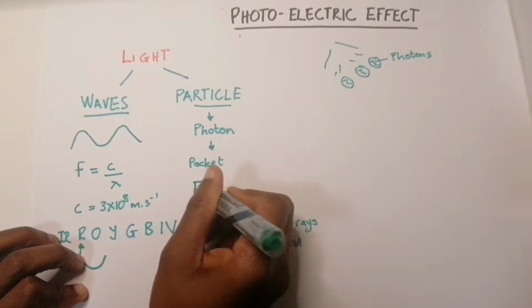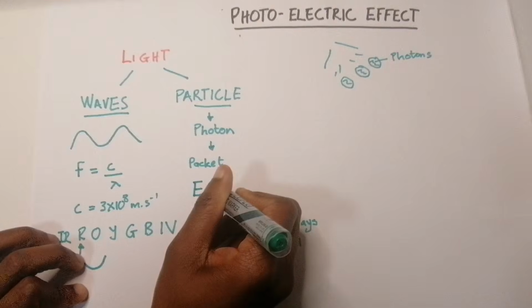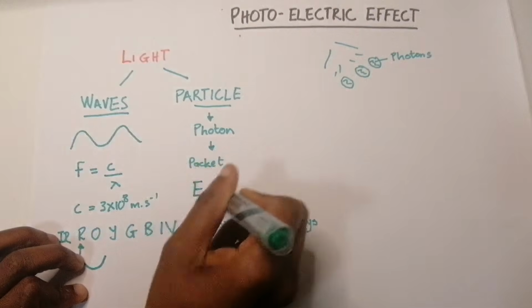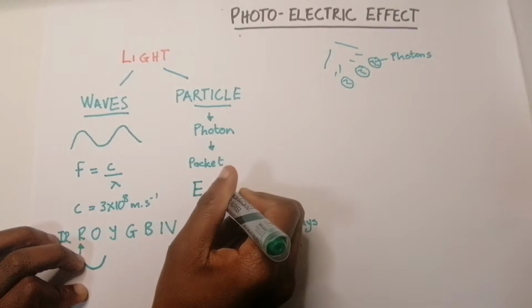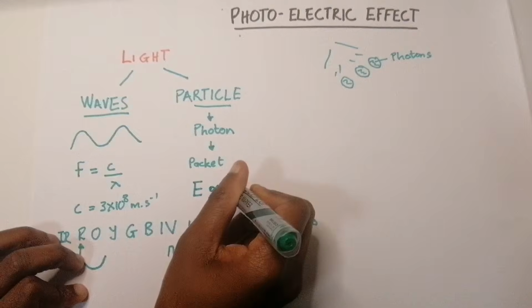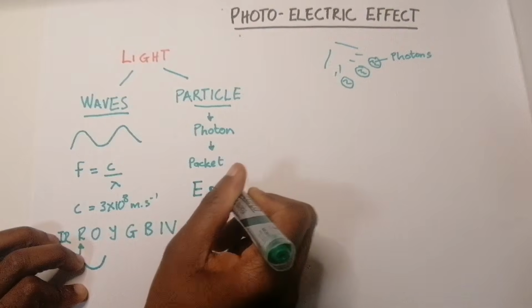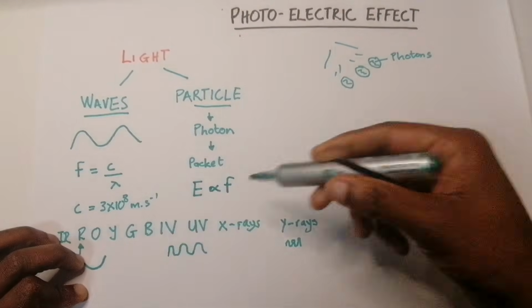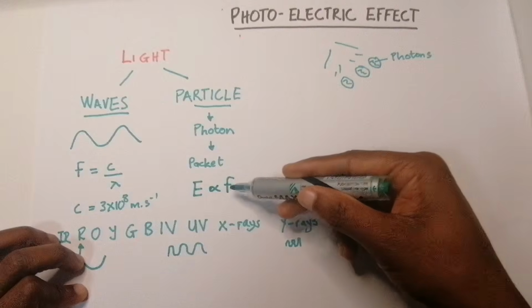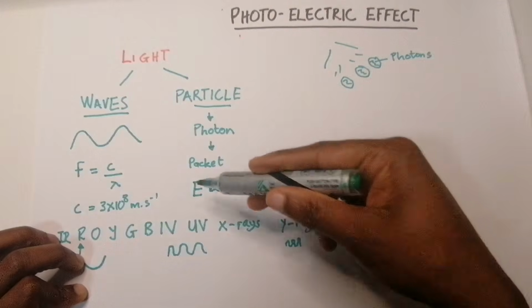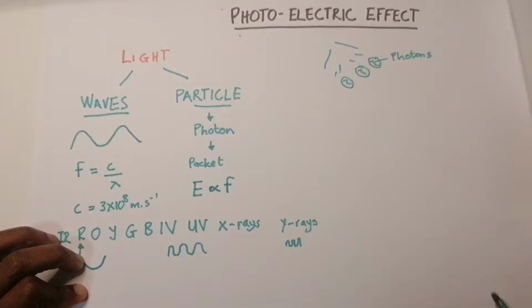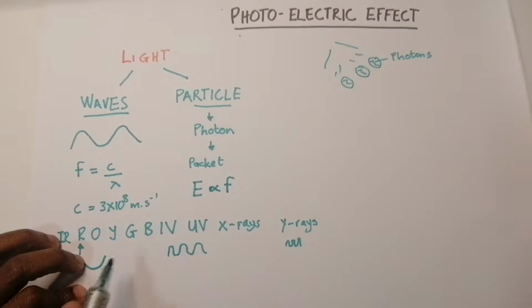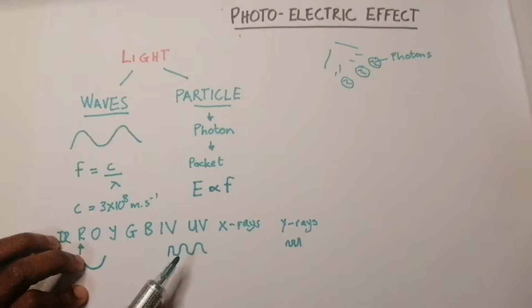So Einstein simply said, we can determine the energy of a photon of any light. It's directly proportional to the frequency. So if it's directly proportional to the frequency, it means the higher the frequency, the higher the energy of that particular photon.